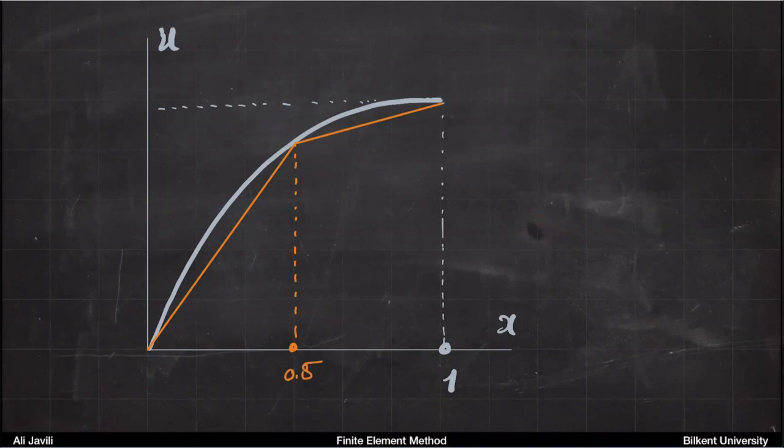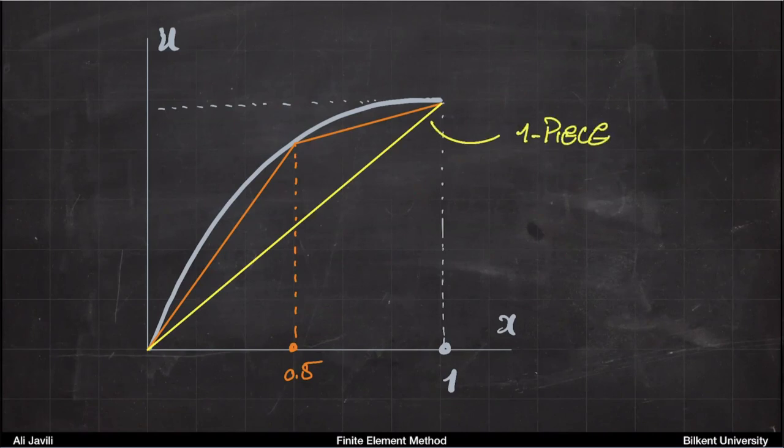If you had a one-piece approximation, this would be just a straight line. Okay, so this is your one-piece approximation. So this is one piece. Orange is two-piece uniform.